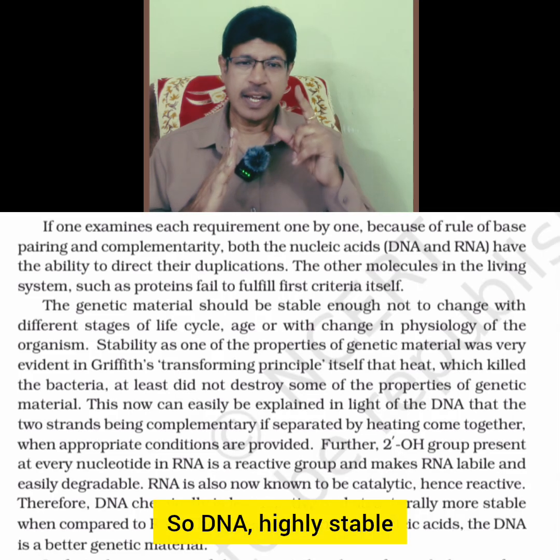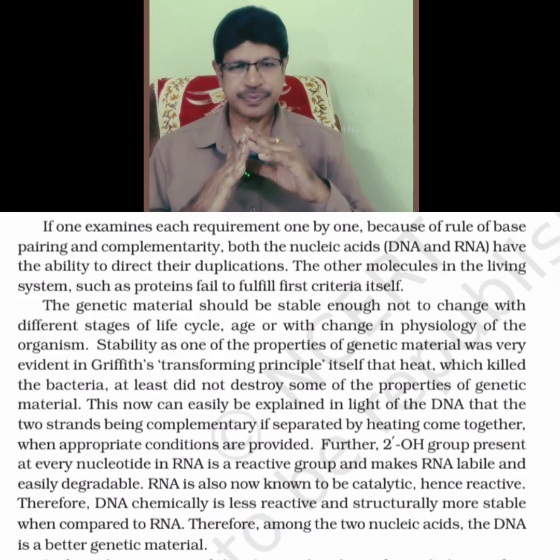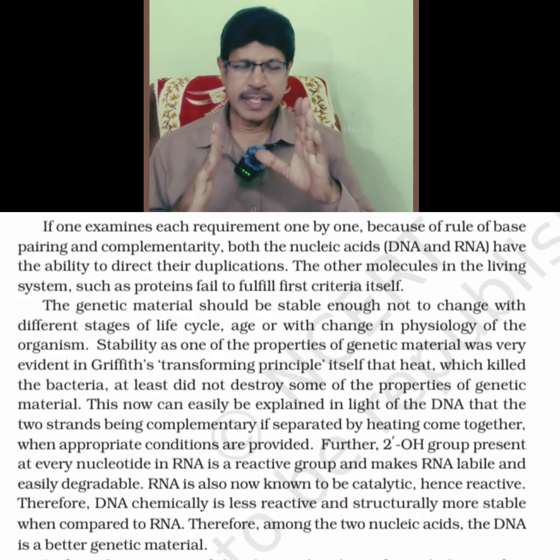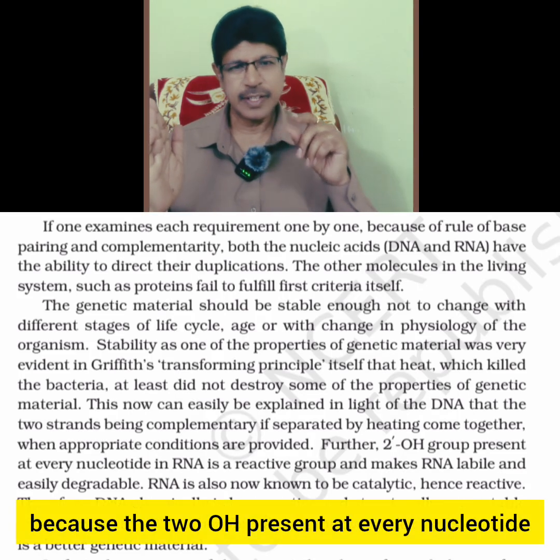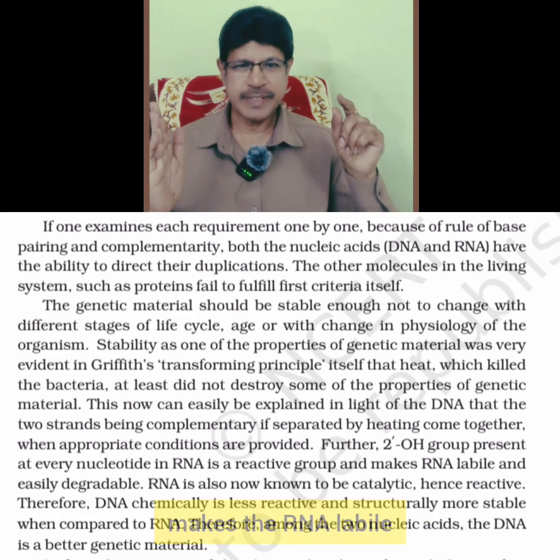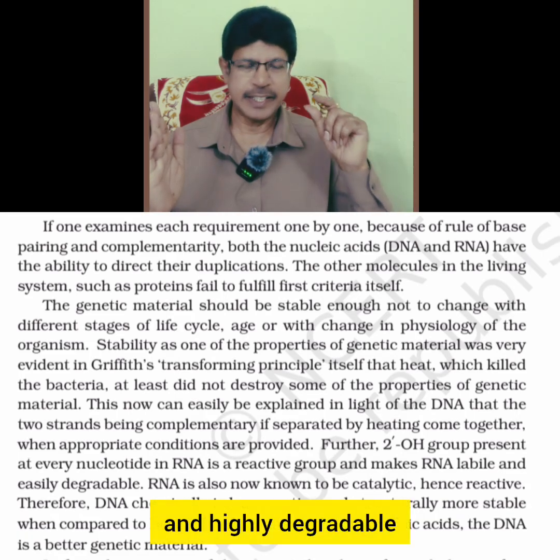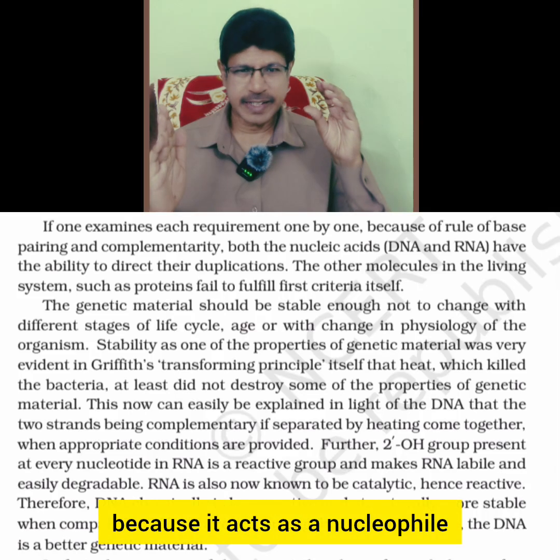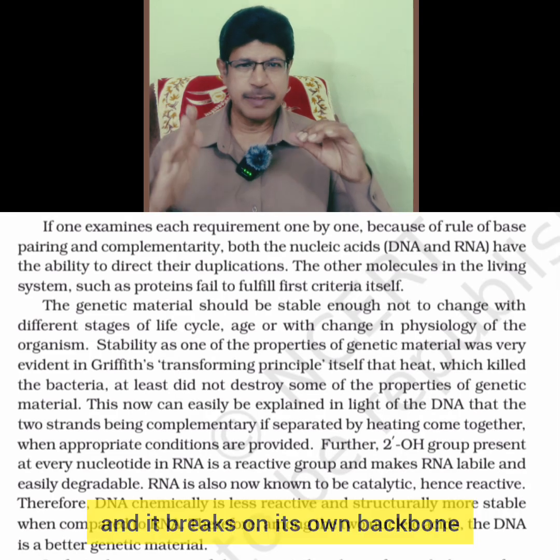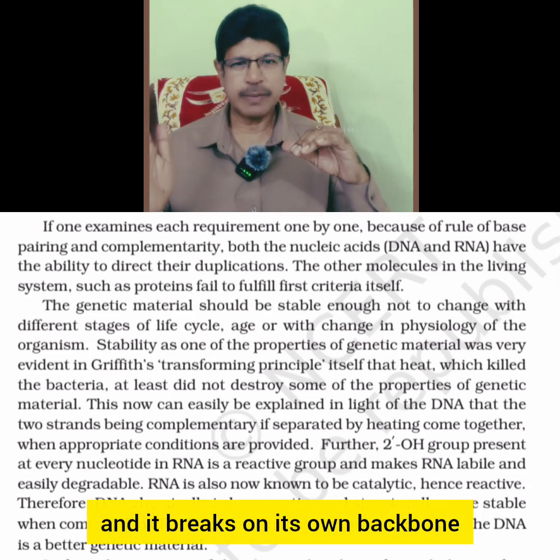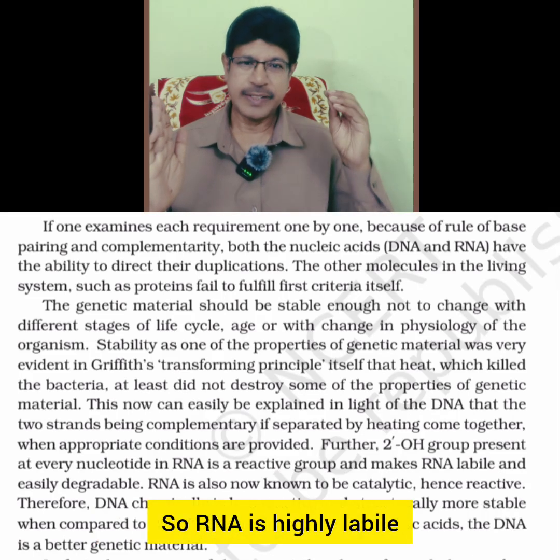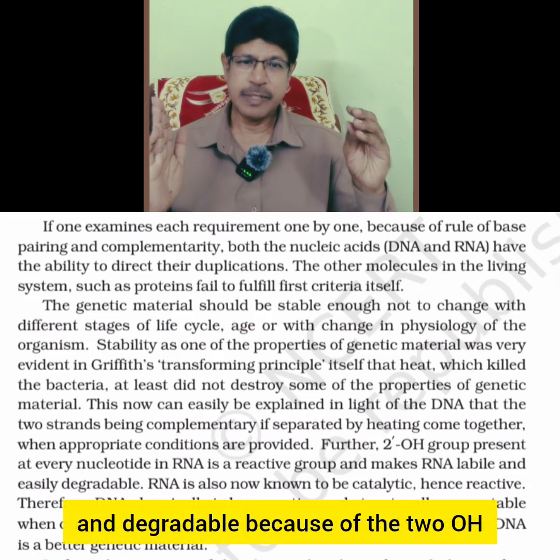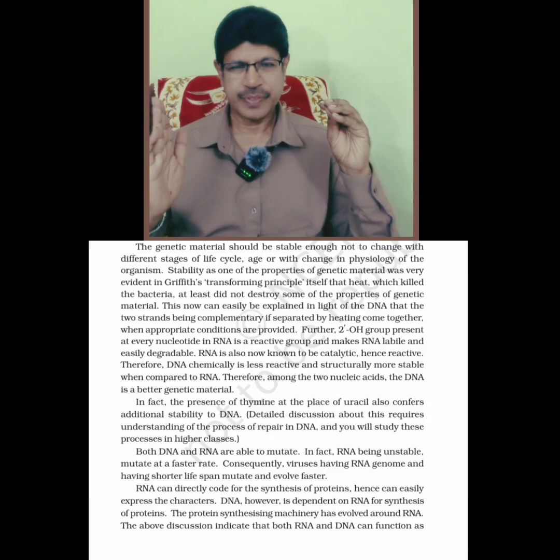So DNA is highly stable. And RNA is labile and highly degradable because the 2'OH present at every nucleotide acts as a nucleophile and breaks its own backbone, breaking the phosphodiester bond. So RNA is highly labile and degradable because of the 2'OH.